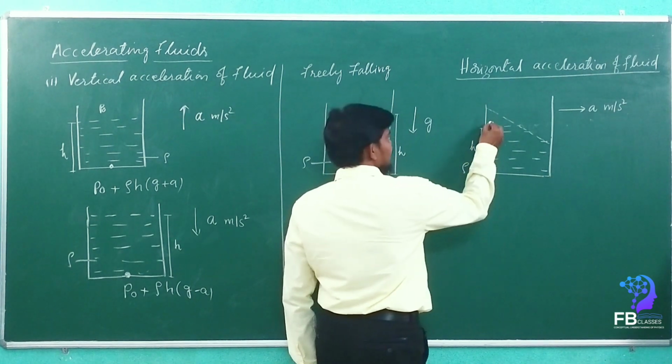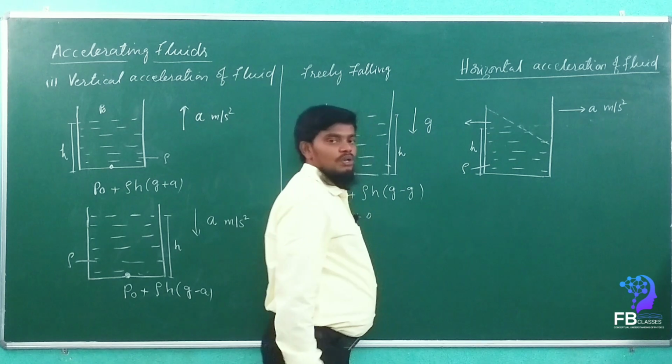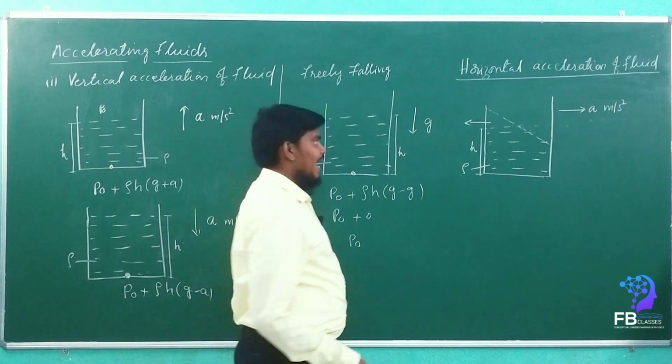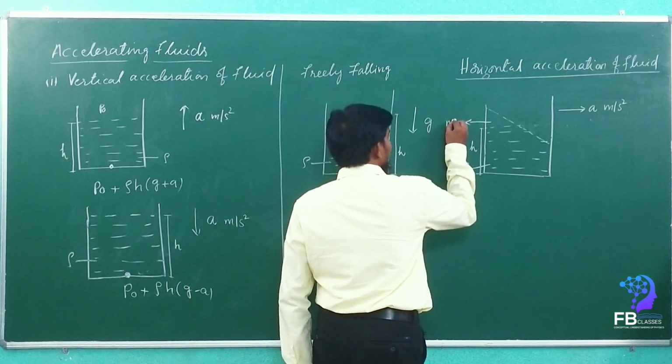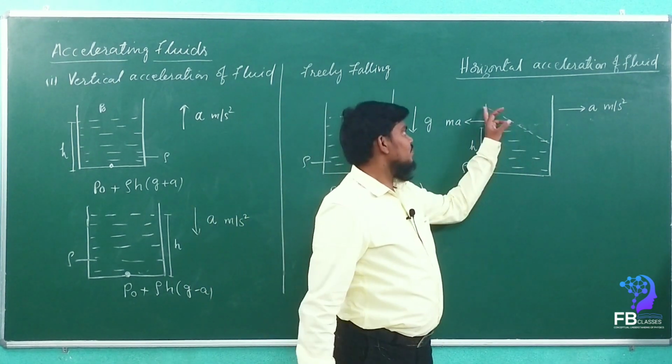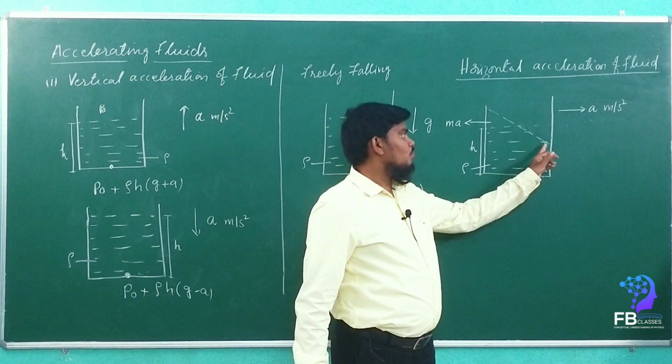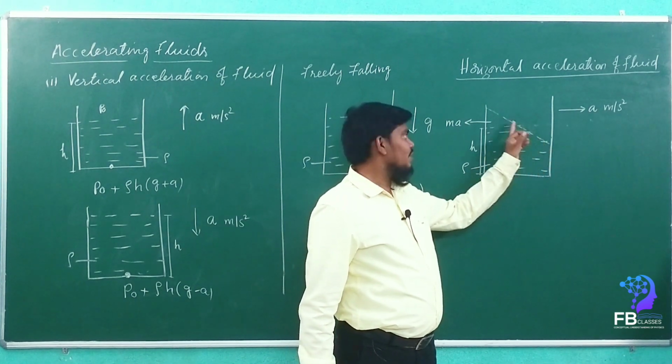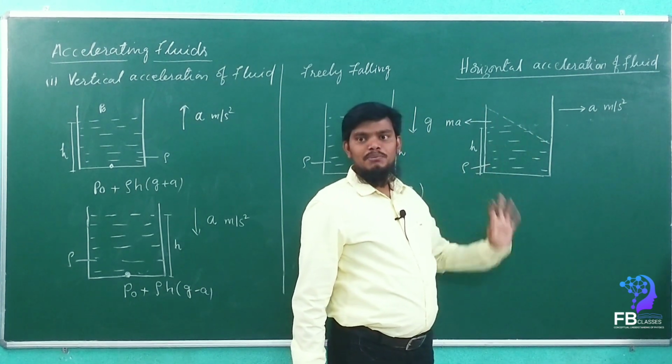Yes or no? Because on the left-hand side the pseudo force is going to act. Due to the pseudo force, the shape of the water in the container will come to an inclined plane.